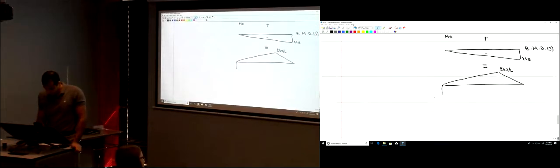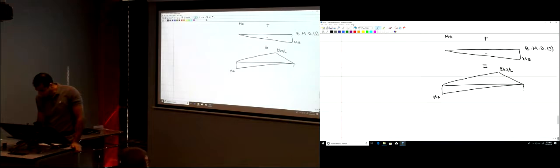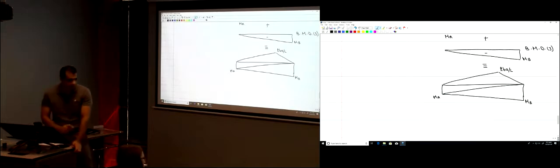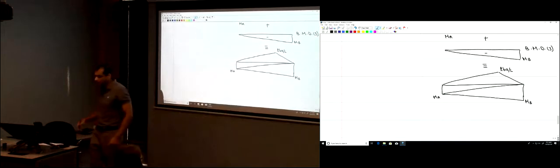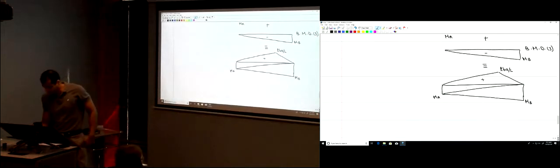So this is MA, it's like this, and then on top of it we added MB and 0 here. Okay? Those are the 3 bending moment diagrams added together. This is the total bending moment diagram.